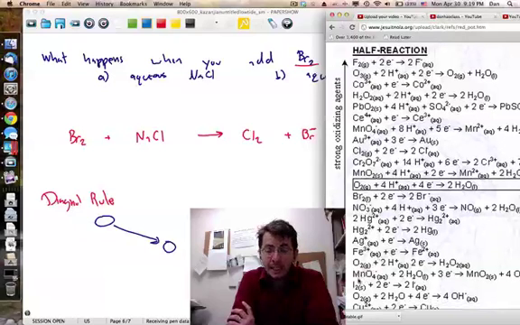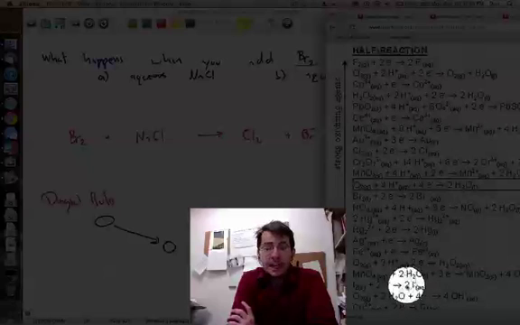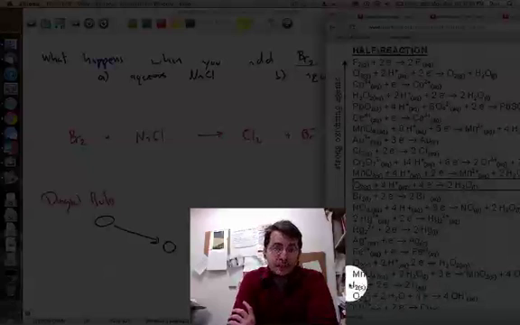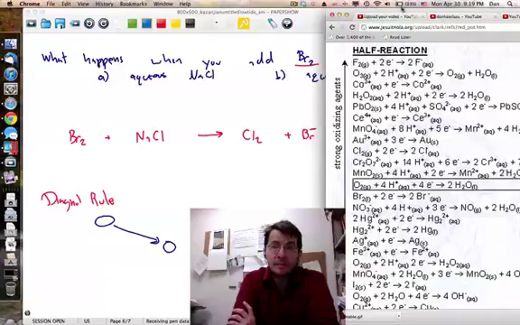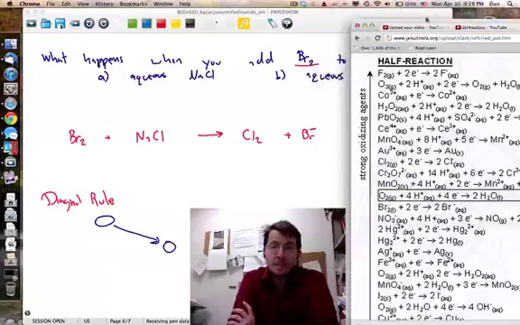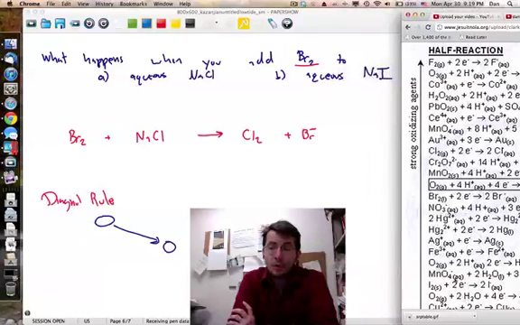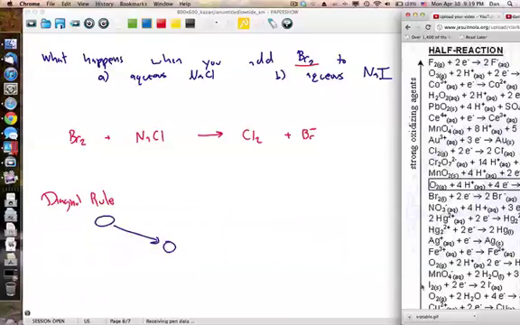But if we look at iodine, the iodine is down here. The bromine will convert the iodide ion into molecular iodine, which would be part B of this. Part B says, will molecular bromine react with iodine? And we see that the iodine is lower on the table to the left and drives the reaction backwards.